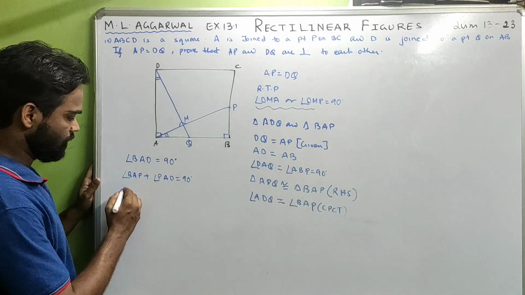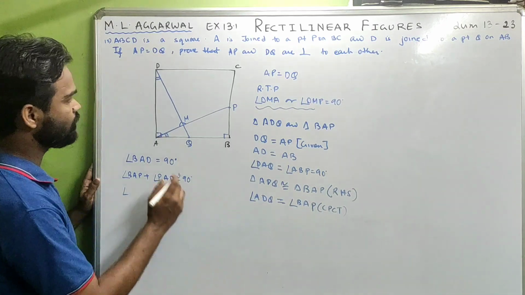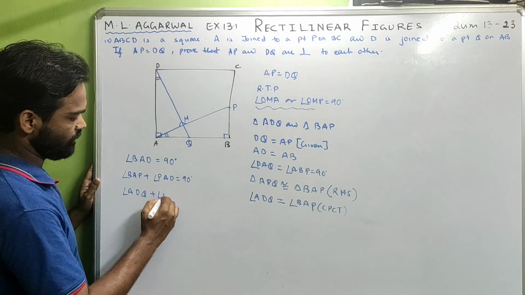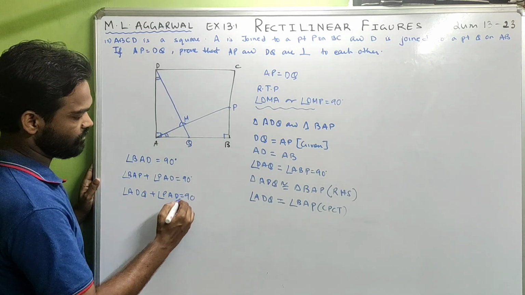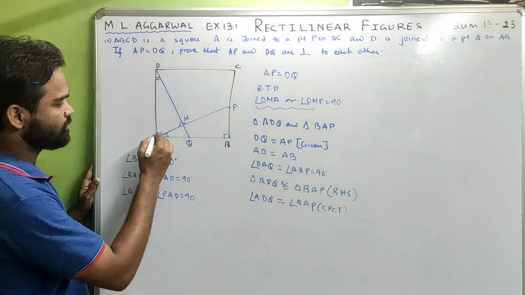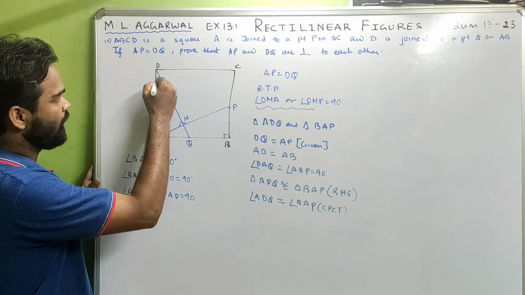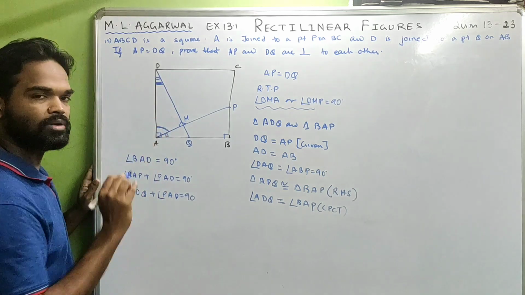Now instead of angle BAP, can I write ADQ plus angle PAD is equal to 90, isn't it? Which means this angle and this angle add to give 90.